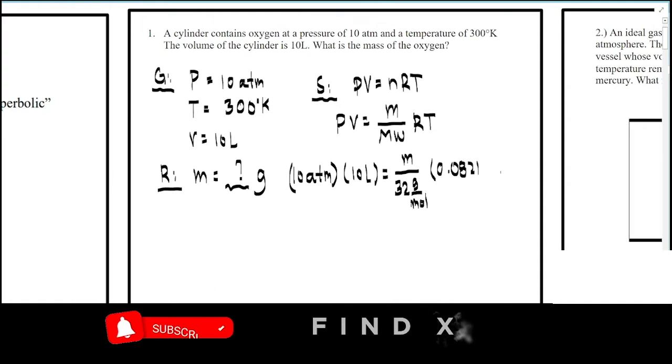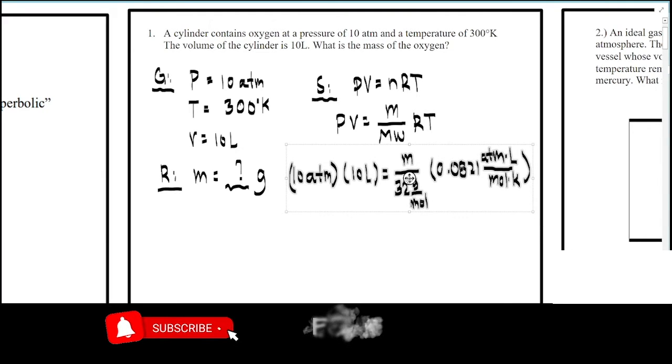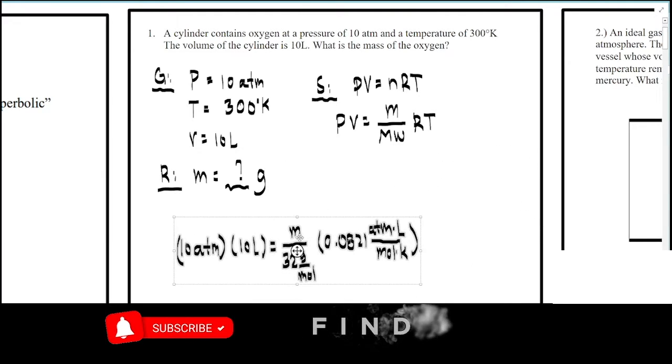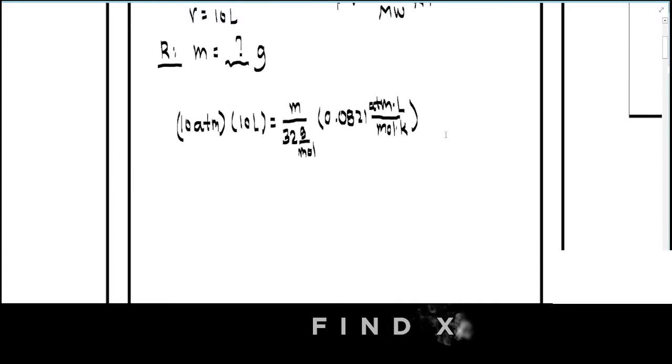What is the unit for this one? That is liters atmosphere all over mole Kelvin. And the temperature is already good, so we'll just write it 300 Kelvin.